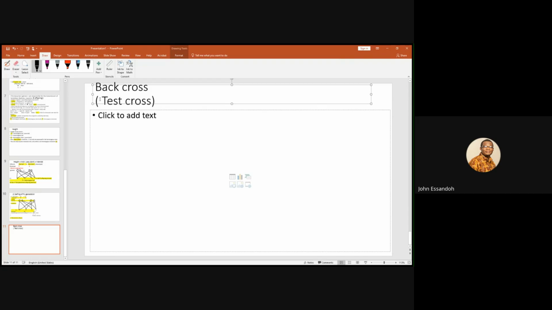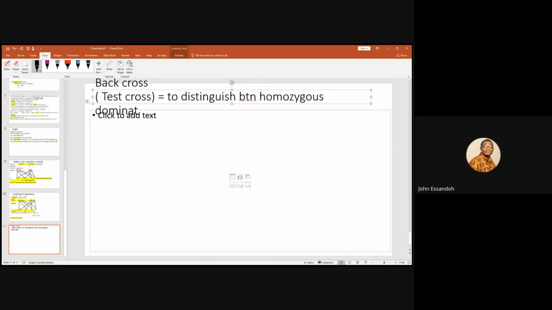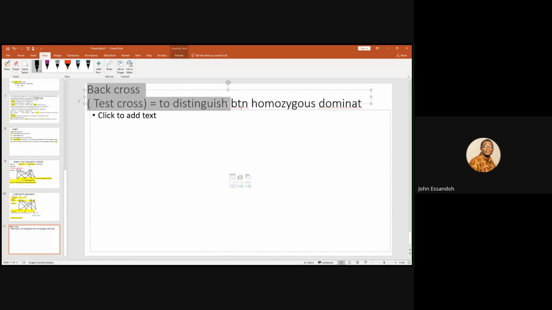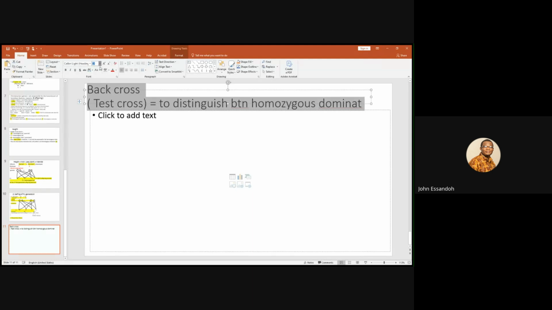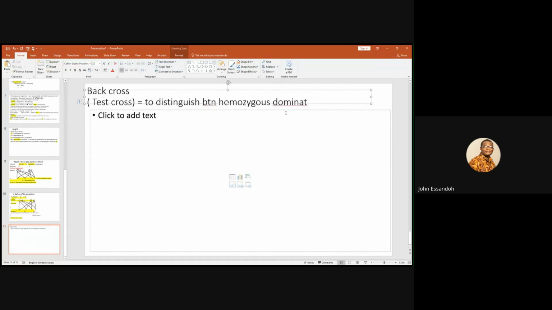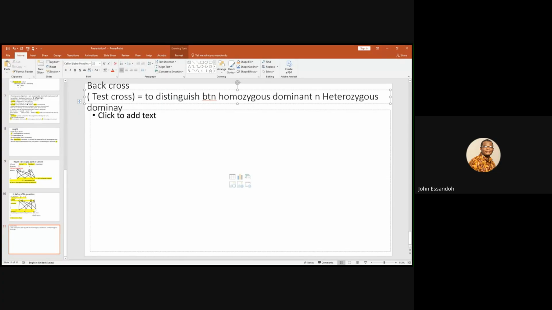And this test cross, we do it to distinguish between homozygous dominant and heterozygous dominant. So we do this cross to distinguish between the two.